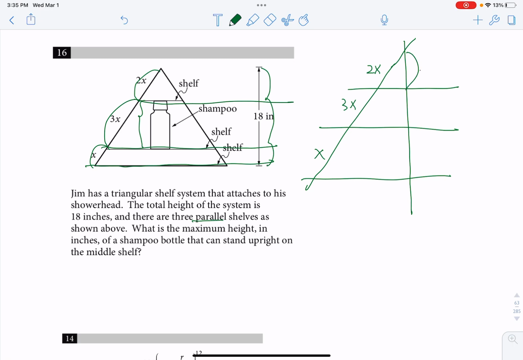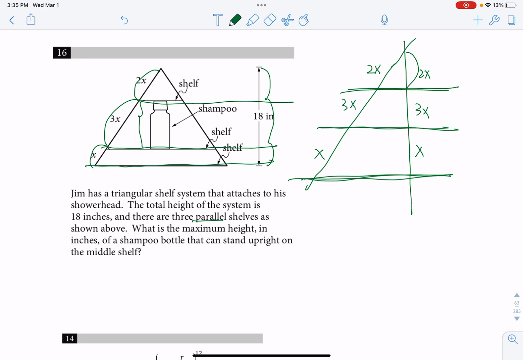Then this one is also representing 2x, 3x, and x, because parallel lines, similar proportionality with the parallel lines will be dividing the portion into the exact same ratio.